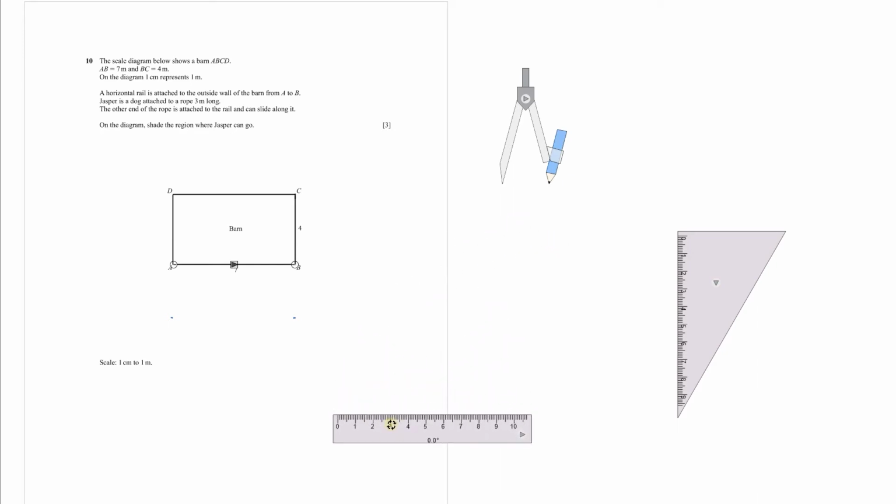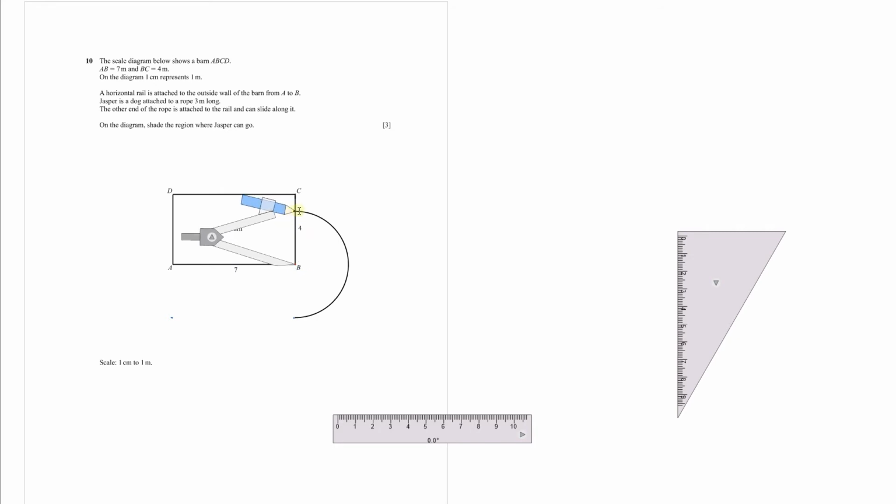I will open it up to 3 centimeters. So this is my compass. I'll open it 3 centimeters. Then I'll place it at this point B. And I will draw this arc, which will start at this point, which is 3 centimeters, and then go all the way up till here.